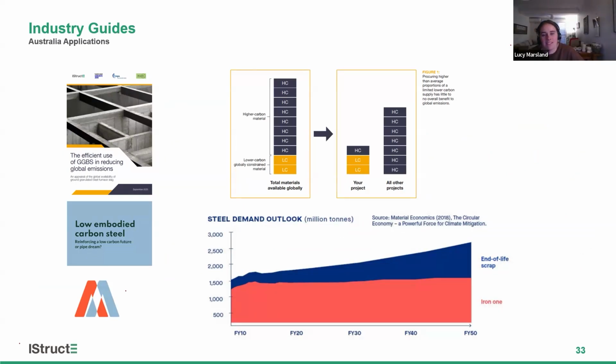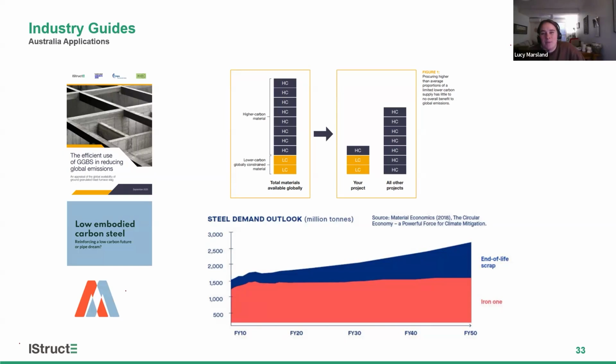Similarly, with our concrete mixes, we know that our supplementary cementitious materials, our SCMs, to replace cement in concrete, are also in high demand. And so as you get into a more sophisticated approach to carbon on your project, you will start to get a feel for some of the global supply chains that do definitely drive outcomes on projects, but also drive our global net zero, our global mitigation of climate change.